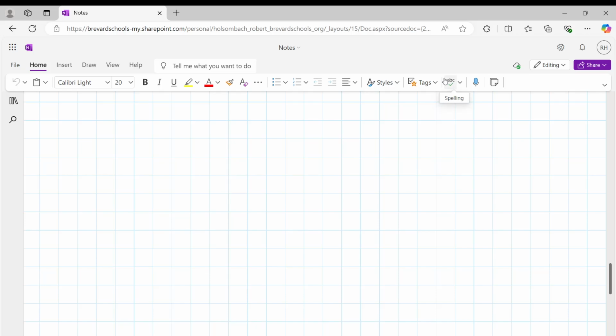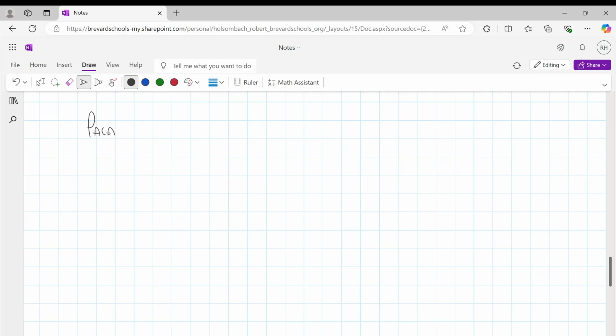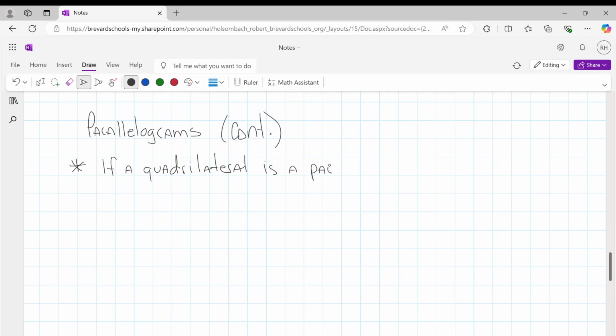All right, on page 405, we're going to continue to talk about parallelograms today, and make sure you get one more rule in your notes. A quadrilateral is a parallelogram.